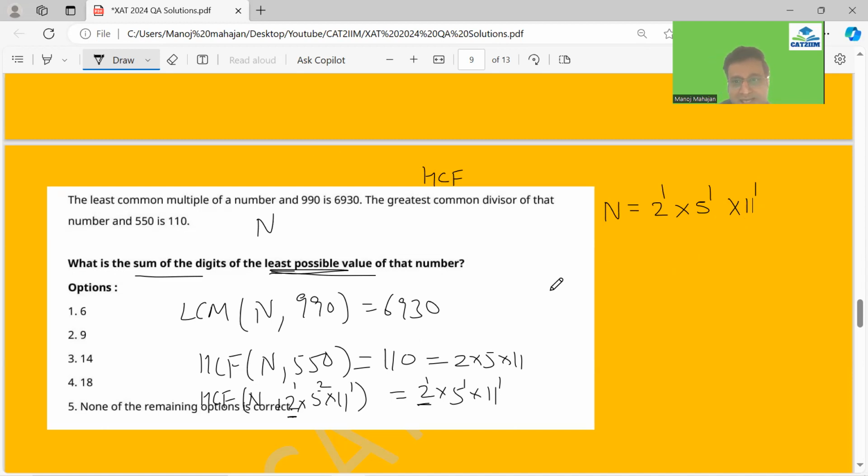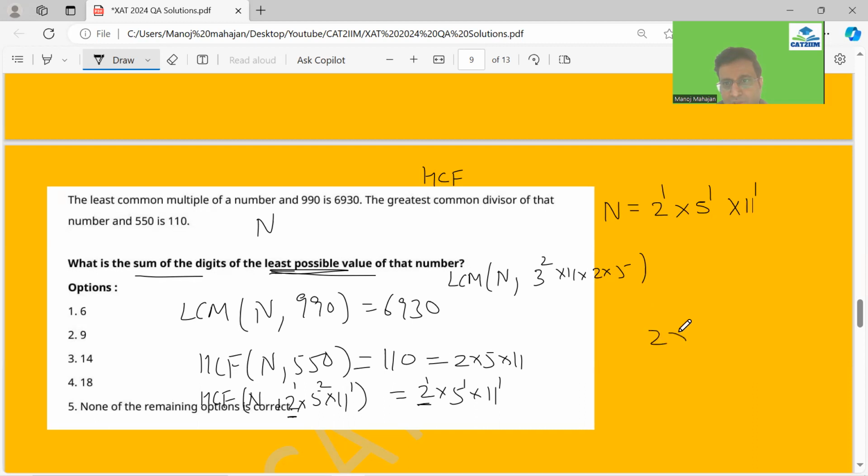So let's factorize this 990 out here. So 9 into 11 into 2 into 5, and 9 could be written as 3 square. I hope I've done it correctly so far. So yes, now this LCM we want is 6930. So this also needs to get factorized.